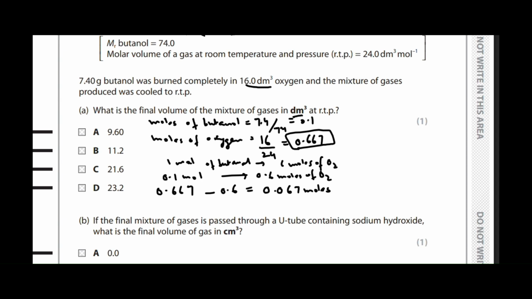And you know that 1 mole of butanol produces 4 moles of carbon dioxide. So 0.1 mole of butanol produces 0.4 moles of carbon dioxide.